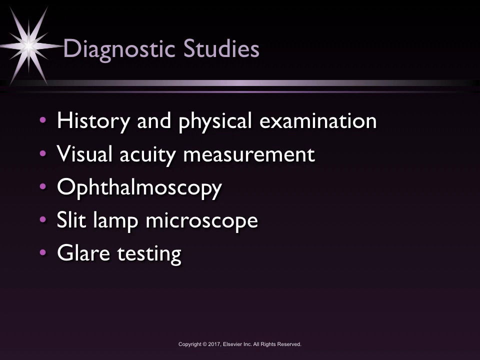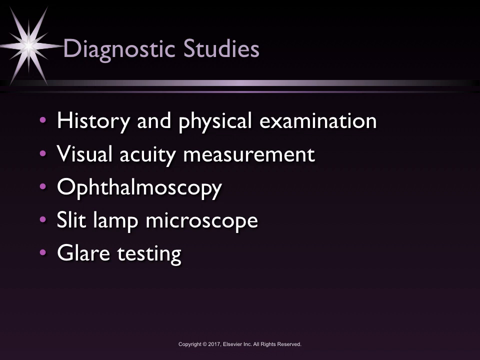We want to know when they started noticing a change in their vision, if there's other complaints that are associated with their vision. We want to do visual acuity measurements, and we can do that with ophthalmoscopy. They also will use the slit lamp microscope.